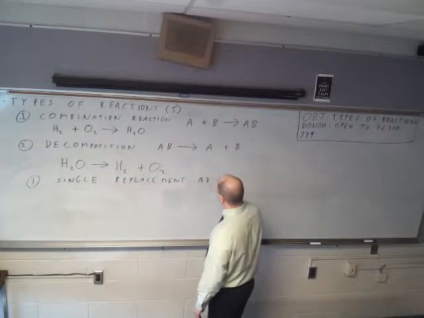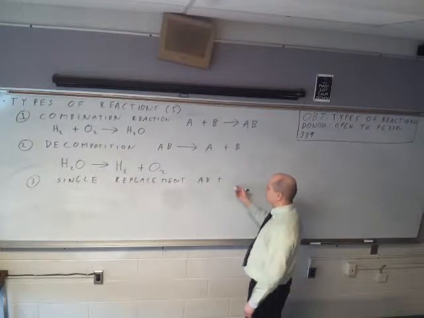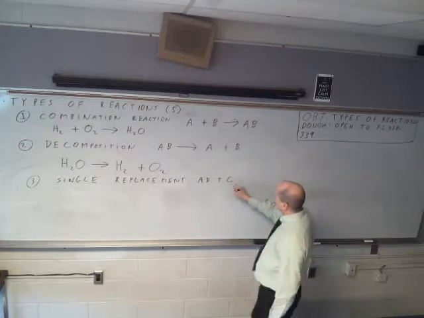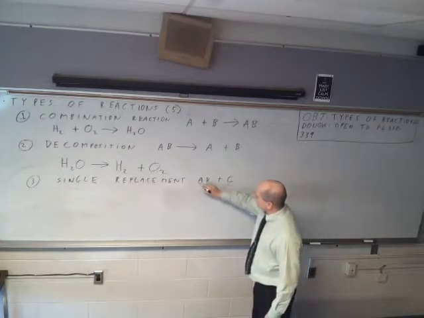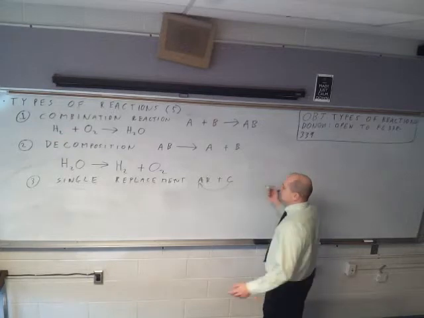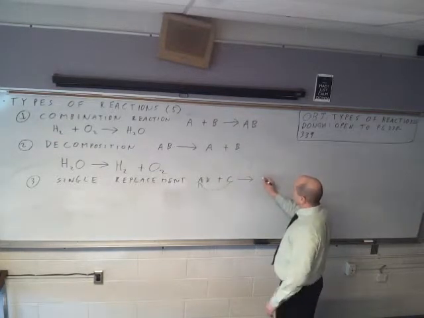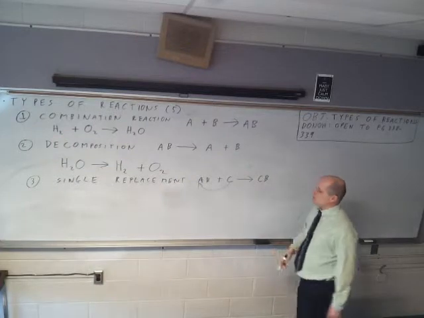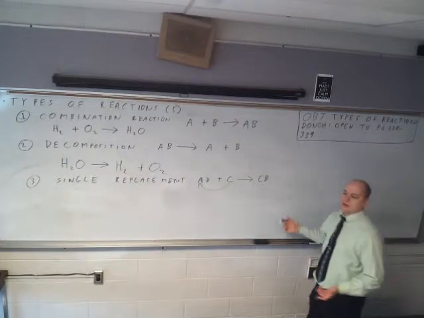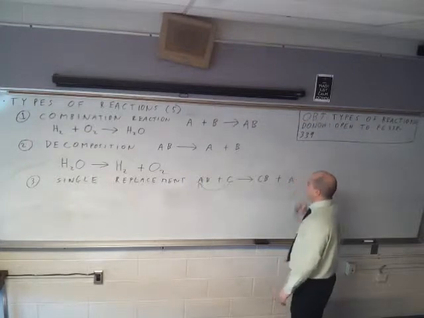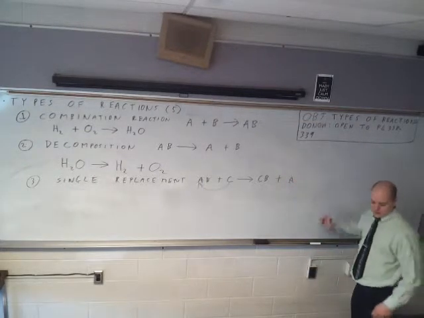And then we're also going to have something by itself, probably just this individual element, and that's C. And what's going to happen is C is going to replace A. Well, it could replace either one, depending on the situation. And so in this case, it's going to replace A. So we end up with CB. So C stole A's place. It took A's partner. It reacted with B. And then A is given off by itself as a separate thing.